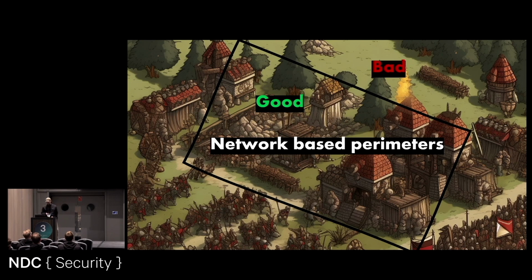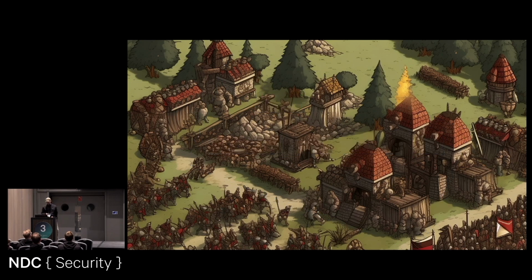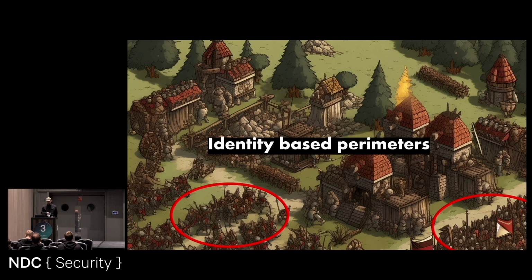And now this doesn't work as well anymore because we are coming in from hyttekontoret. For those of you who are not from Norway, I can explain that later. But we are working from Starbucks, Bali, being digital nomads, doing whatever. We have moved to something called identity-based perimeters, or resource-based perimeters, or object-based perimeters.